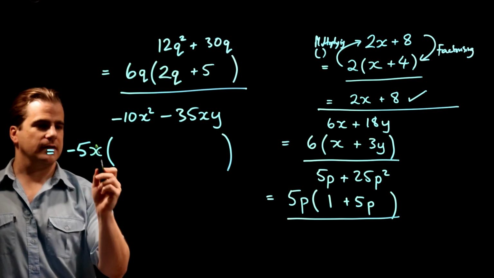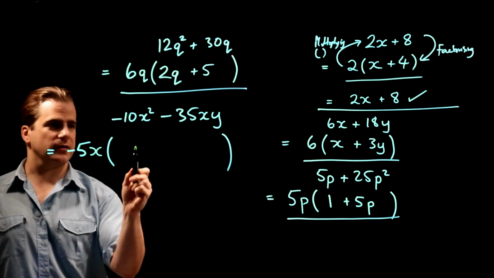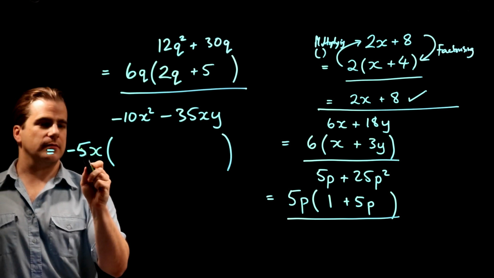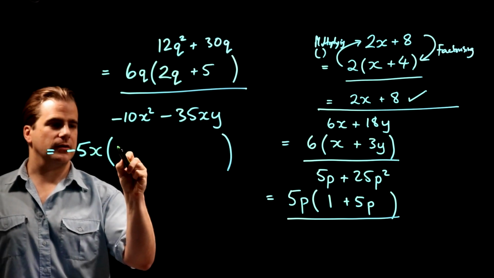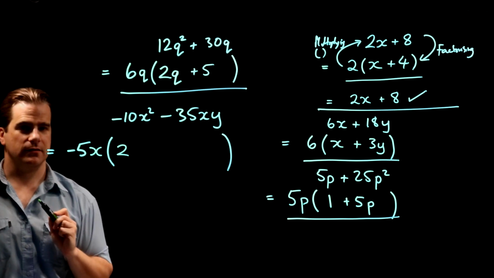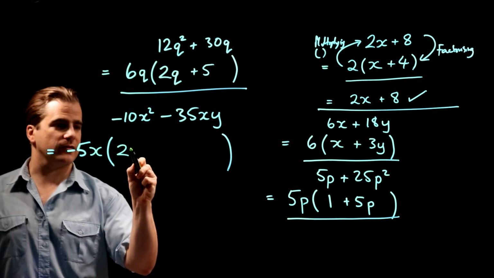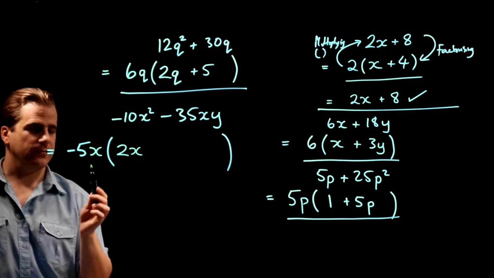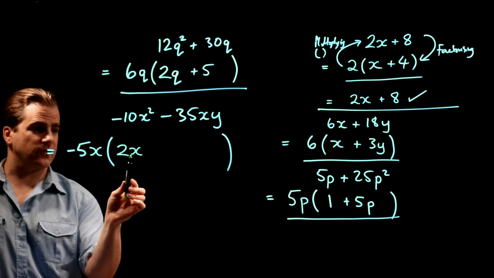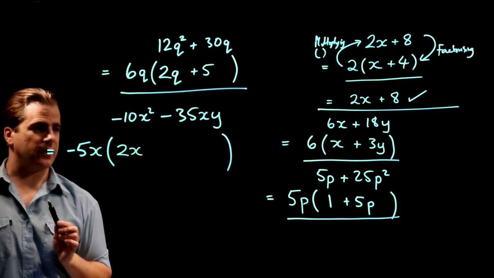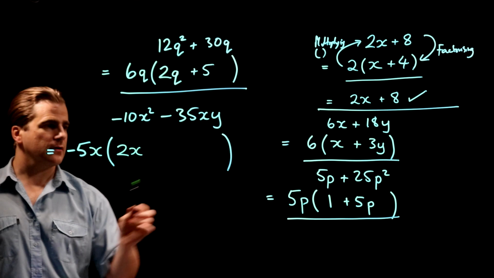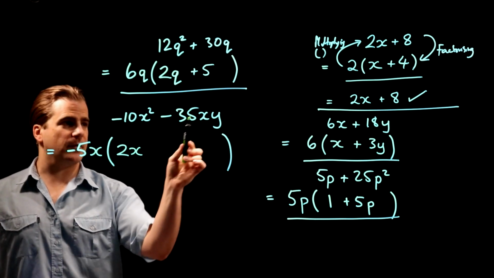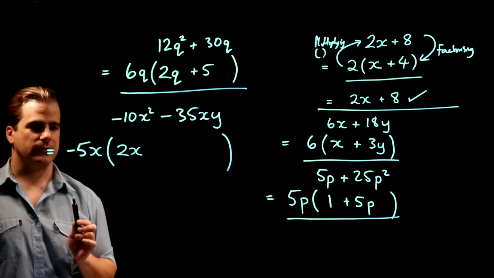Same thing as always. Minus 5x times what is minus 10x squared? Well, minus 5 times 2 is minus 10, and x times x is x squared. Okay? Minus 5x times 2x is minus 10x squared. Right, this one. Minus 5x times what is minus 35xy?